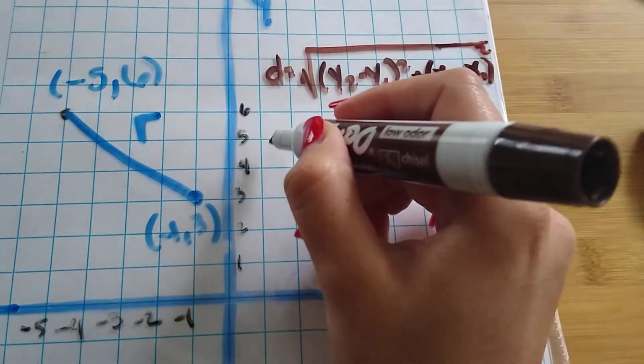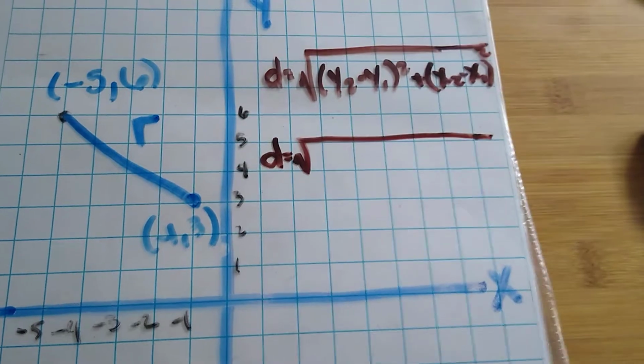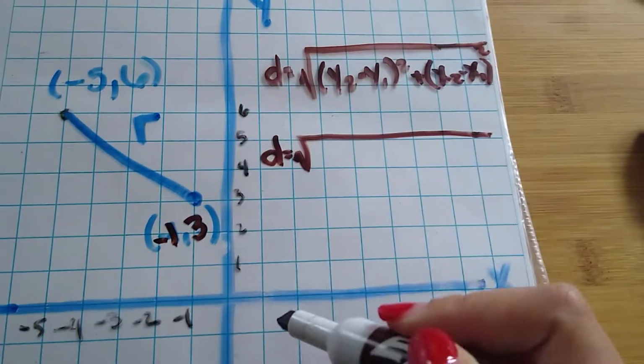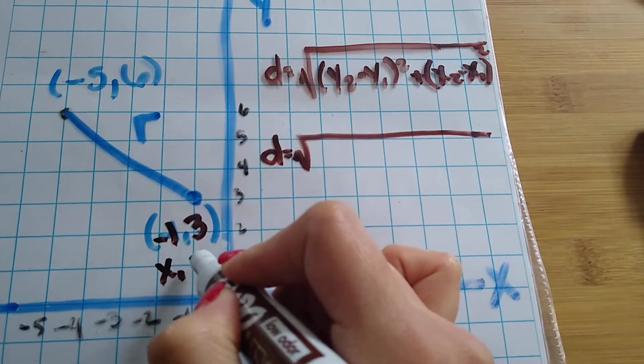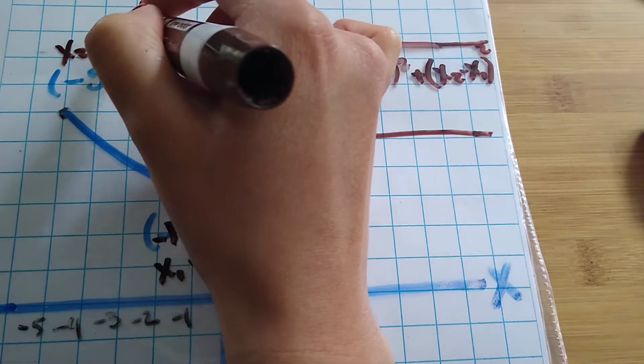So I'm going to go ahead and do that here. Let's plug those numbers in. So again, this is -1, 3 and -5, 6. I'm just going to do x1, y1, x2, y2.